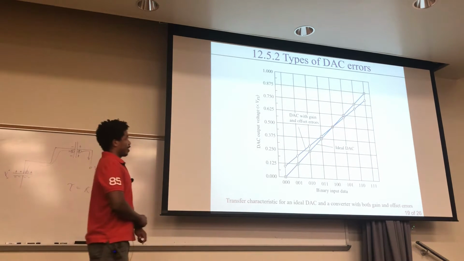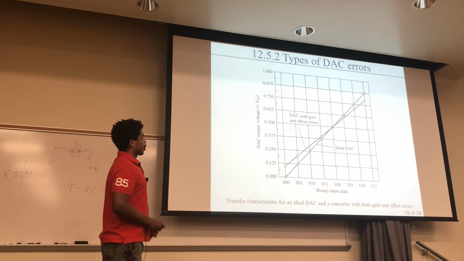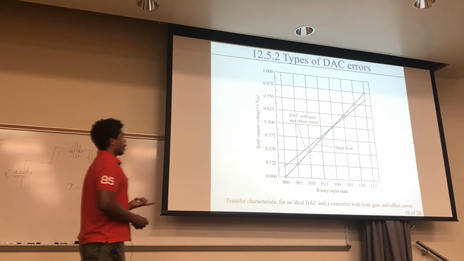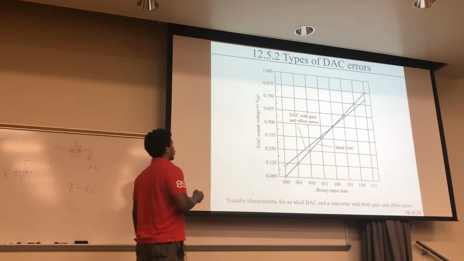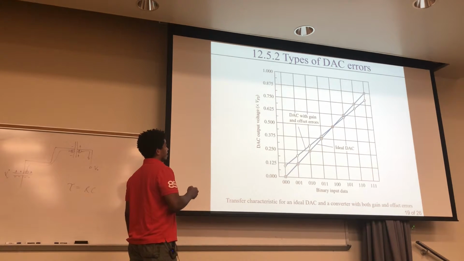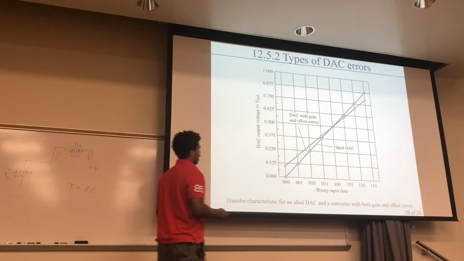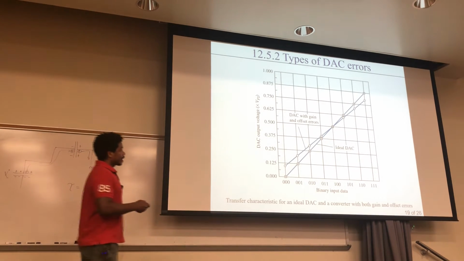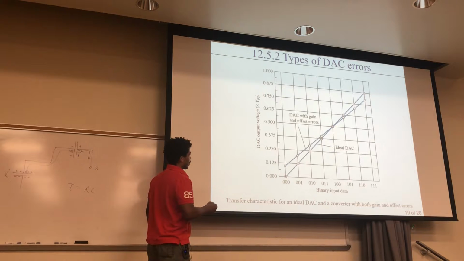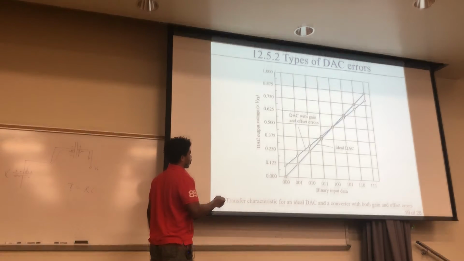There are also different kinds of errors you can have. I'm just going to show you what they look like. Here's your digital to analog output voltage times your voltage full scale, and here's the binary input. The ideal case is the one with the dots and the squares. That's the one you really want.